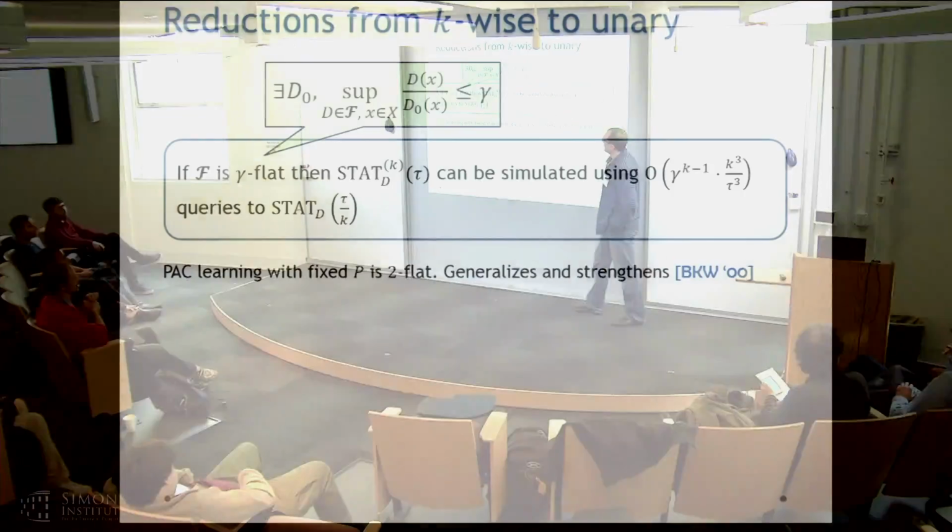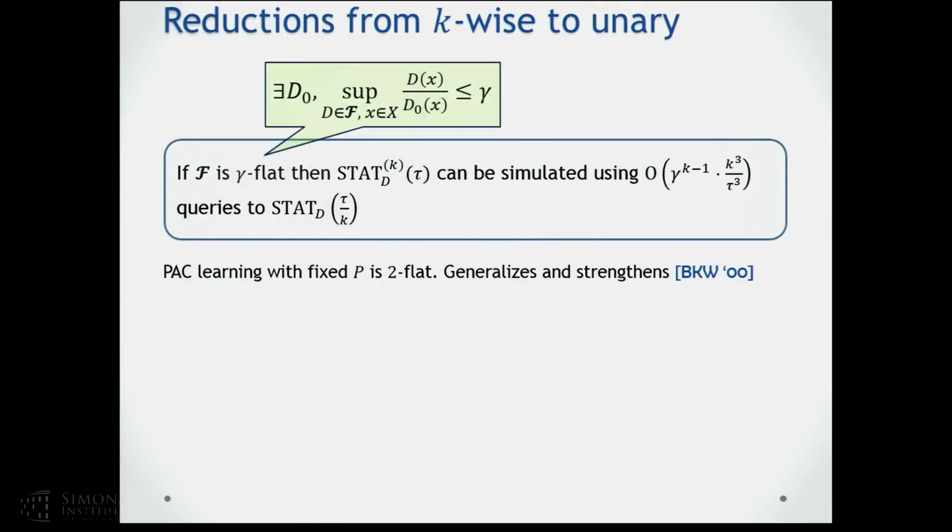So one interesting case of these distributions is the PAC learning that I mentioned with the fixed distribution, which is actually just 1-flat. So this result generalizes the result of Blum, Kalai and Wasserman, and also improves the tolerance exponentially. Their tolerance shrank exponentially with k, and that's important for some applications.